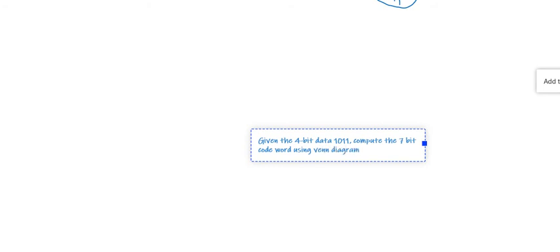So let's assume that this is your question. Let me put it on the top. So this is your question. Given 4-bit data which is 1011, you are going to compute the 7-bit code word using the Venn diagram.